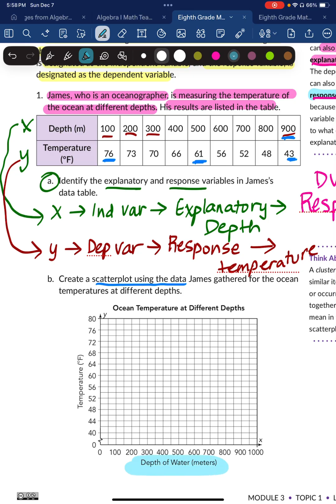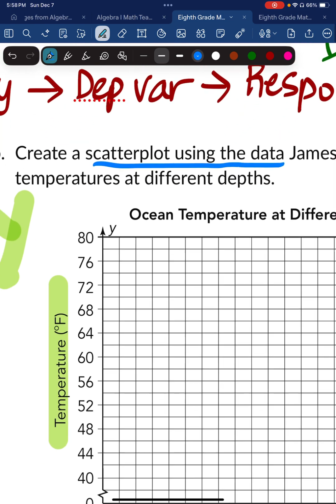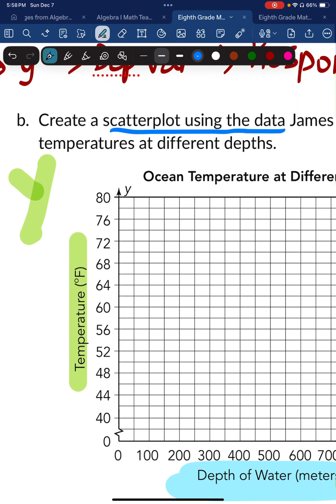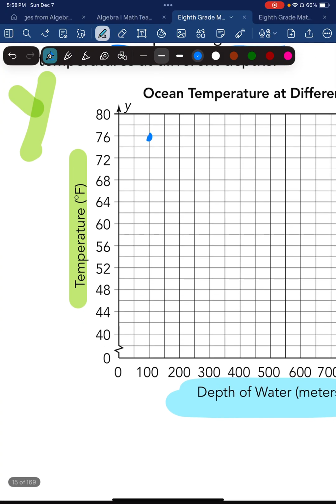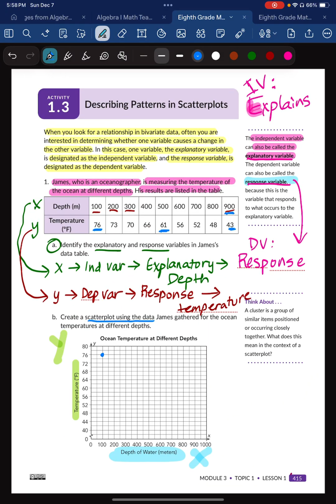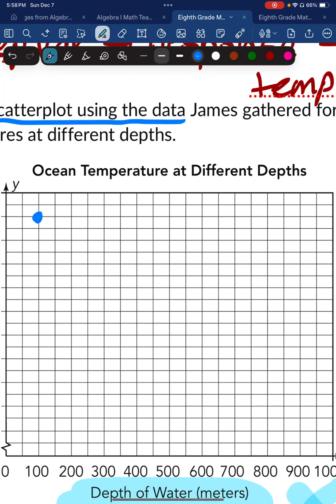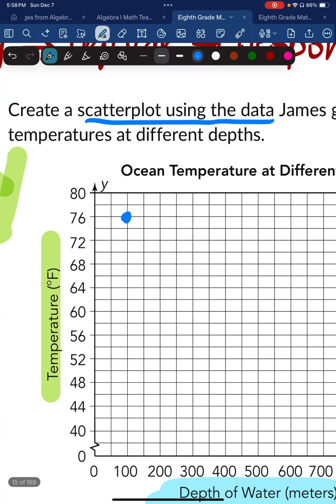Let's check out our variables first and our axes. Depth of water, there's our X. Temperature, there's our Y. So let's plot the points. At 100 feet, it's 76 degrees. I'm going to zoom in and zoom out as we do this. At 200 feet, it's 73 degrees.